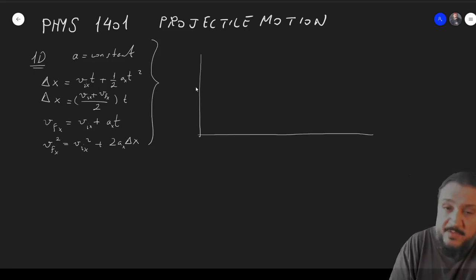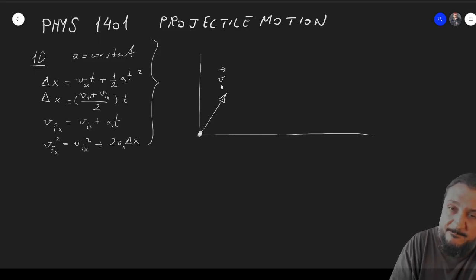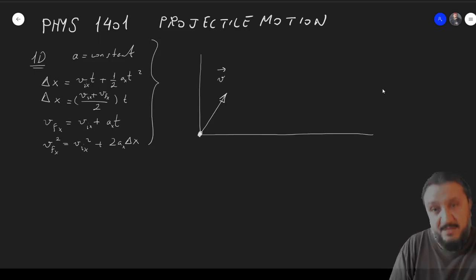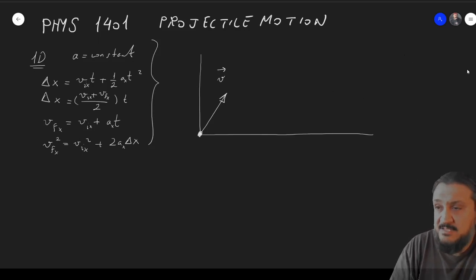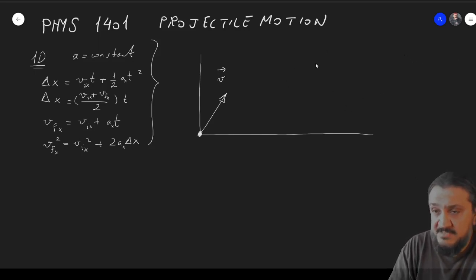Okay, so you throw an object, you kick a football, you give it an initial velocity. What's going to happen to it? Okay, now I said gravity is the only force acting on it, so the acceleration is always downward.